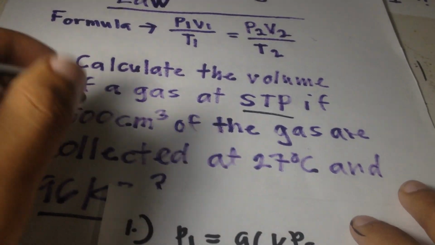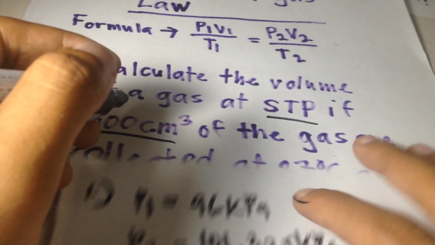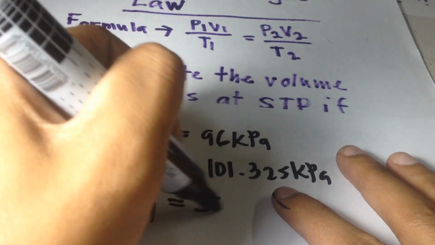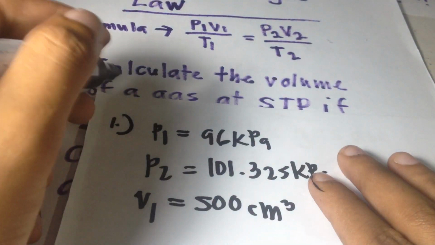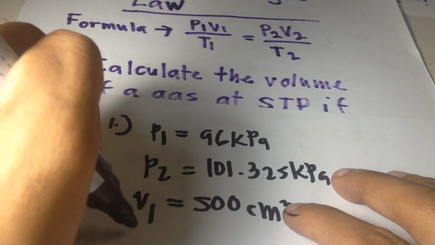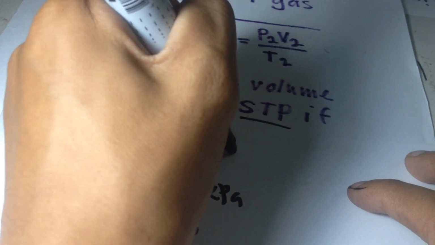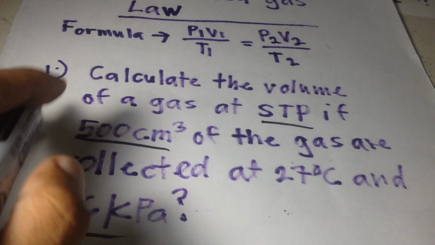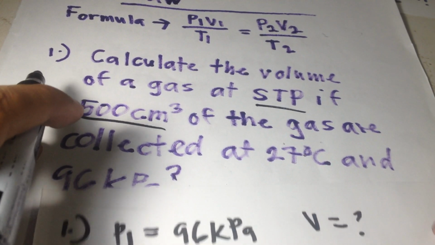And then the volume 1 is 500 cubic centimeter. And then the volume 2 is unknown. Calculate the volume also.